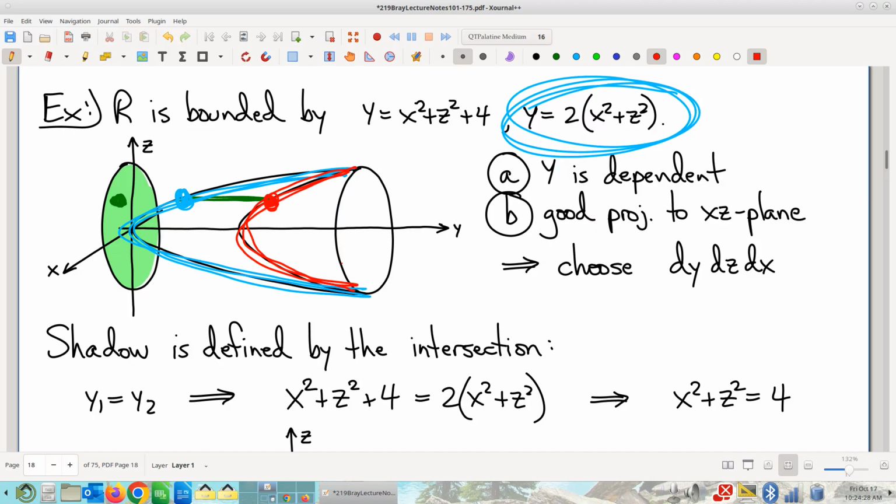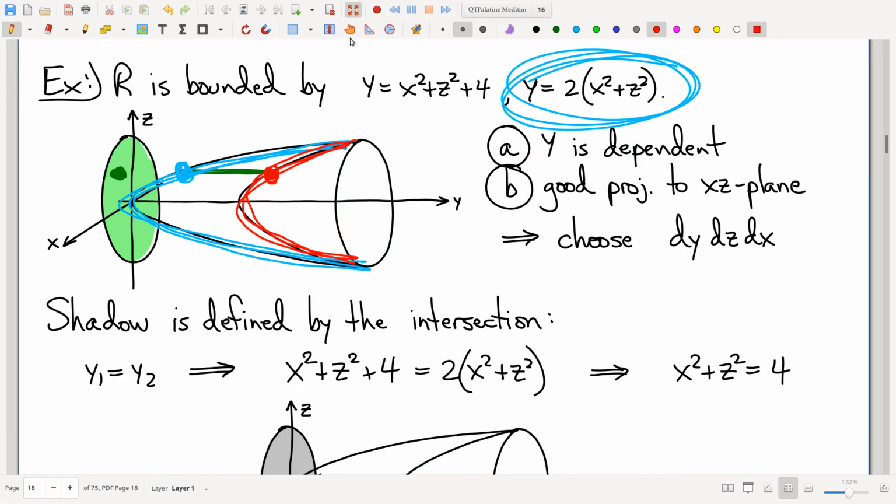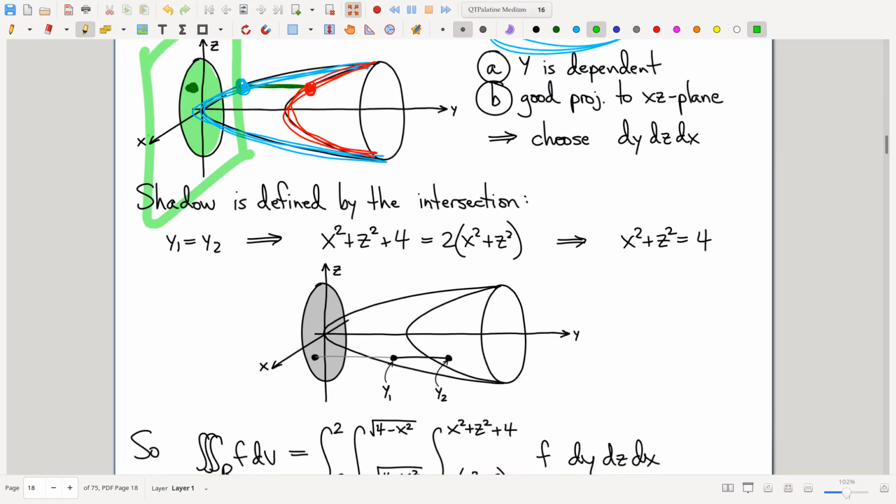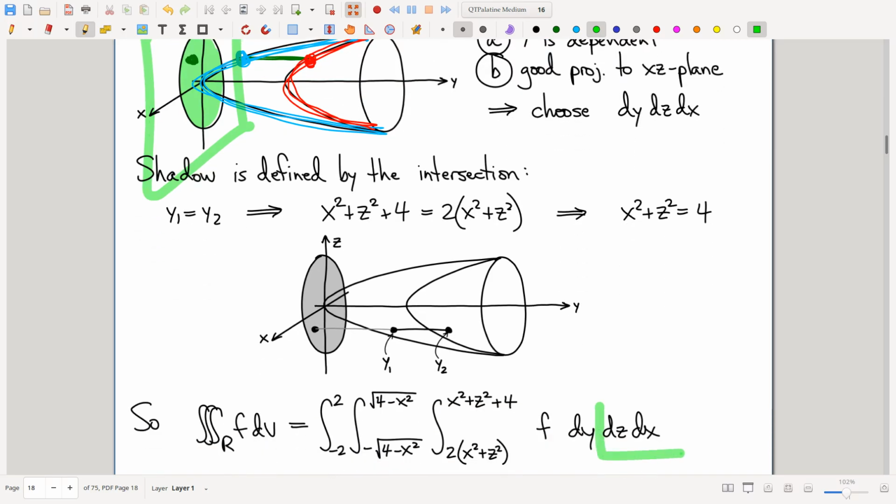Let's see here. Let me try to see more at the same time. Looking at the projection into the XZ plane, therefore putting my dx and my dz on the outside, I can look at that disk to conclude these bounds. Now, the details are to be thought through, but that's a 2-dimensional slice.